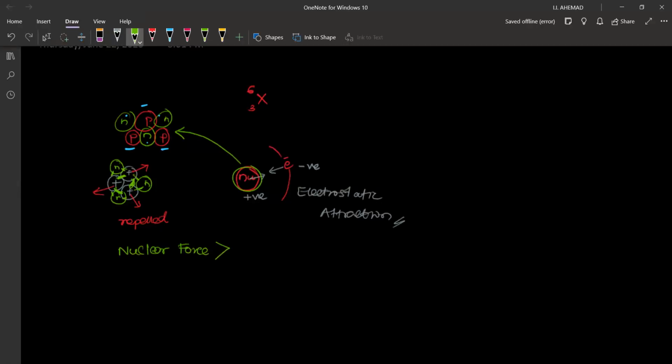Nuclear force is much stronger than electrostatic force. But this nuclear force only acts for a very short distance, a very small separation.